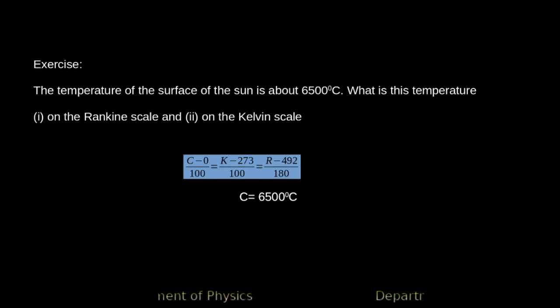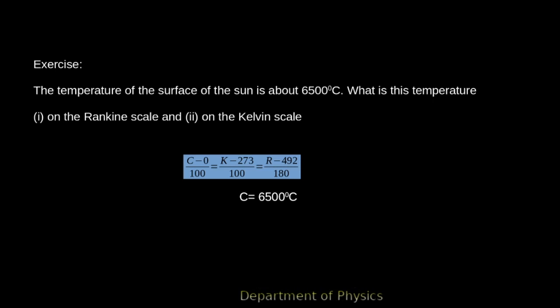We take the Kelvin scale, that is K minus 273 divided by 100. Then we take the Rankine scale, that is R minus 492 divided by 180. Here we are not using the Fahrenheit scale because in our exercise there is no Fahrenheit value.